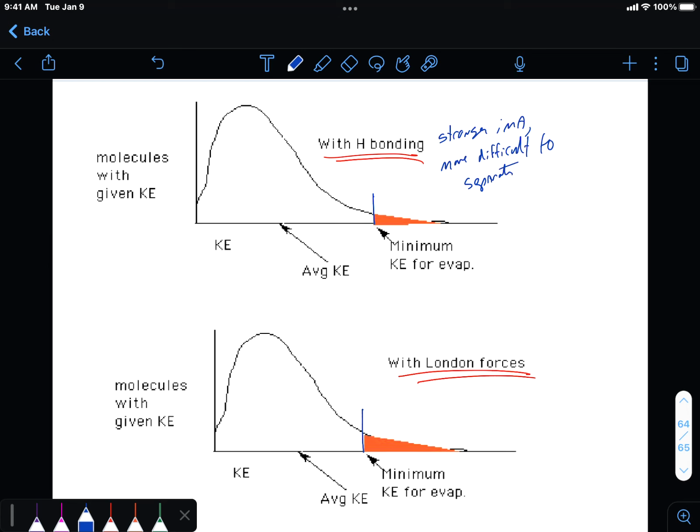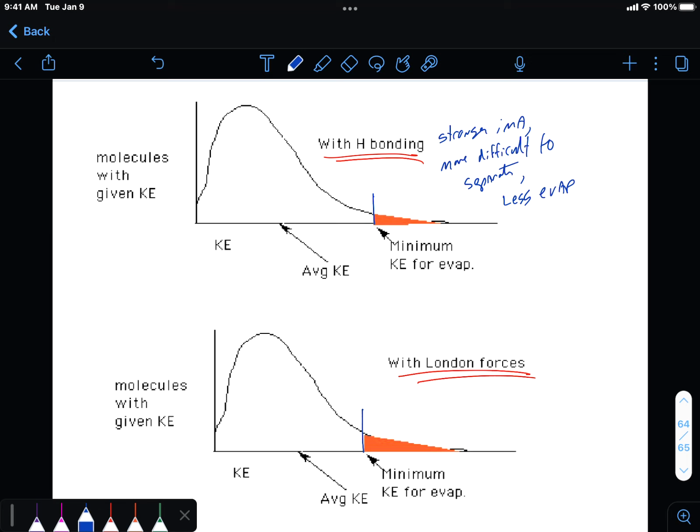Which means molecules are more difficult to separate, which means less evaporation. The weaker it is, then the more molecules can evaporate, greater evaporation. Which one of these has higher vapor pressure, the top or the bottom?